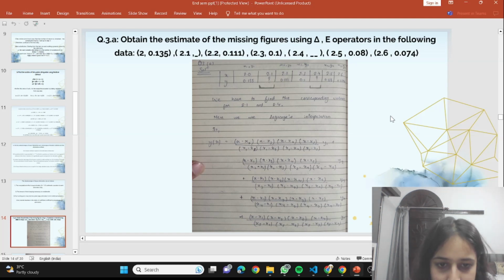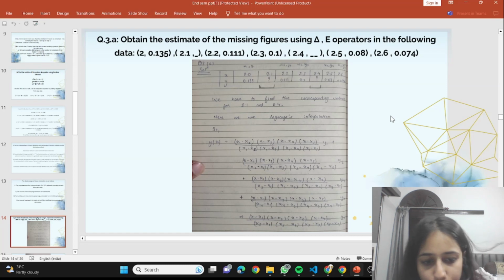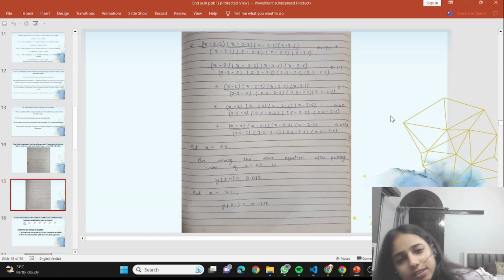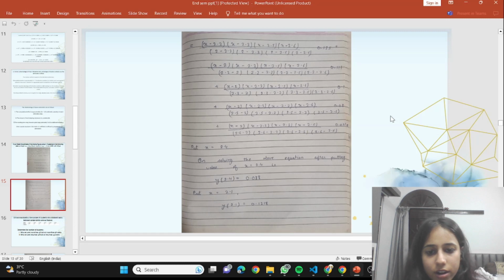In the same way we will calculate for y3, y4, y5, and add all the values, and at the last we will get the answer in terms of x. Then we will put the value of x equal to 2.4. On solving the above equation after putting x equal to 2.4, we get y(2.4) is equal to 0.088, and now we will calculate the same thing for x equal to 2.1.